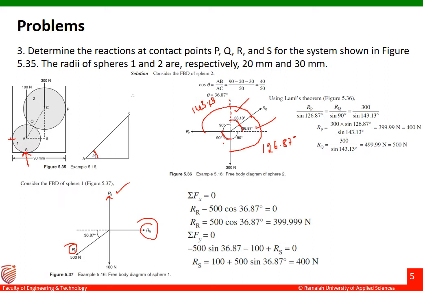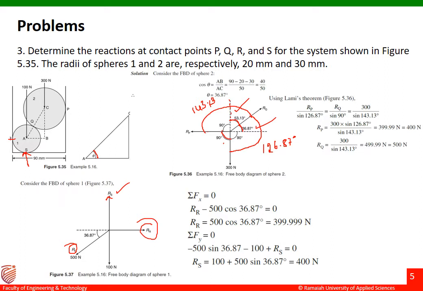And there is one more force coming down, that is the weight of sphere 1. So we have four forces. As I told earlier, we cannot apply Lami's theorem as we have four forces. In that case, we have to apply equilibrium equations, that is summation Fx equal to 0 and summation Fy equal to 0.